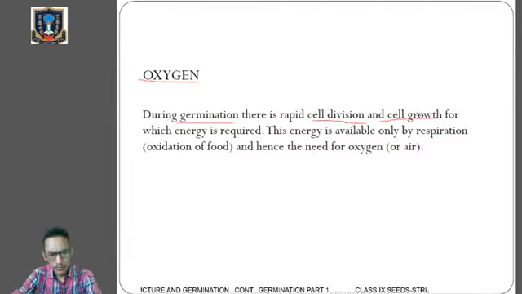And mainly this process of cell division and cell growth requires energy. Clear? And energy is mainly available only by respiration. And for respiration, what is needed? Oxygen is needed.